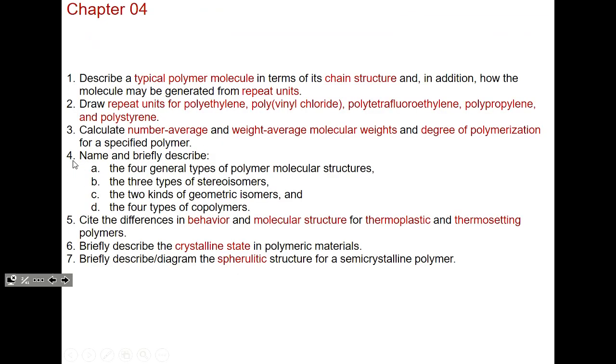So there are quite a number of learning objectives. I leave this on here so as to guide you. I don't always go over every single learning objective, but the major points we'll be talking about today are the structure of polymers and how that relates to properties that you care about.